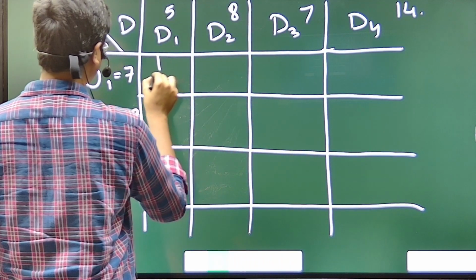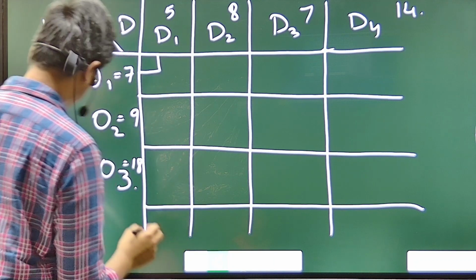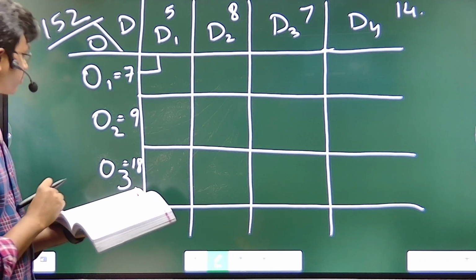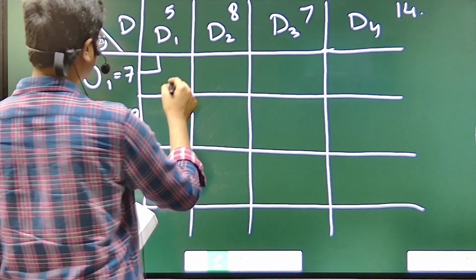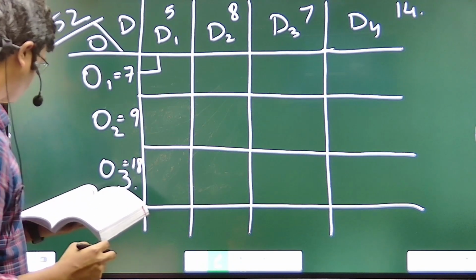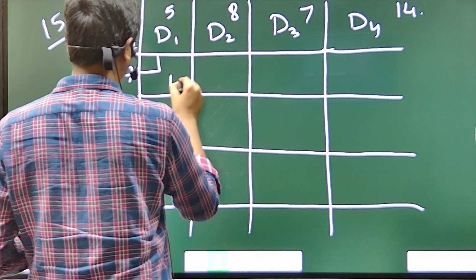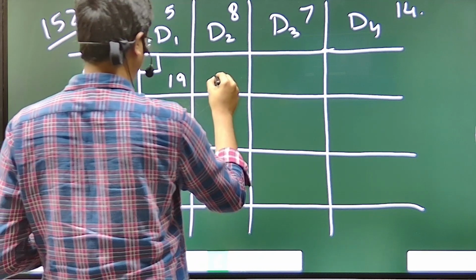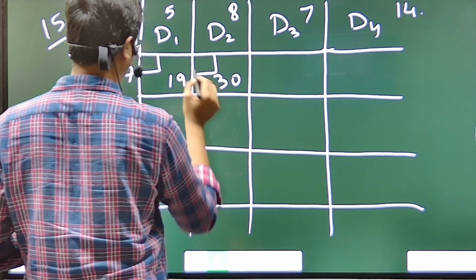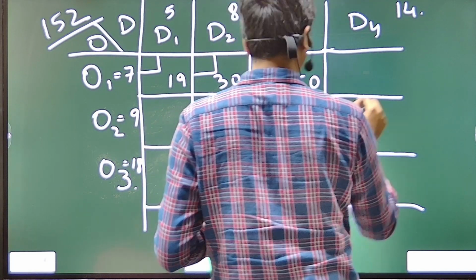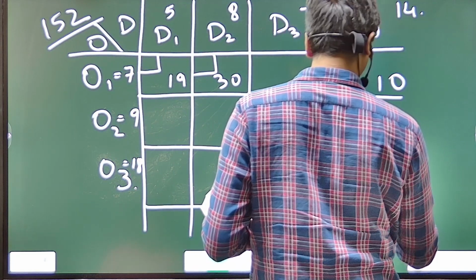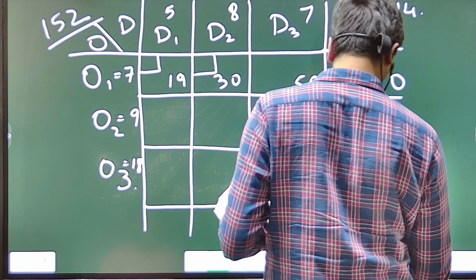This is your units, and this will be your cost here. So this will be 19, 30, 50, 10. Let us just note down the costs.